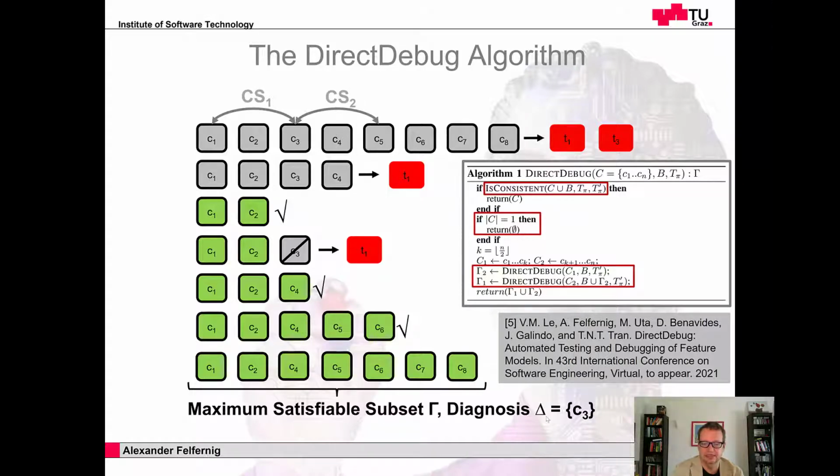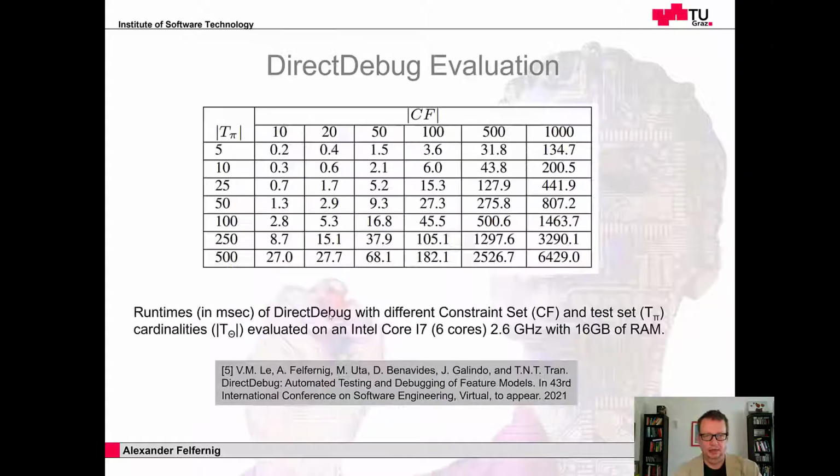The complement of that is a diagnosis, and this is what is relevant for us, because C3 is potentially the source of the problem of these conflicts between the test cases and the feature model, or the CSP derived from the feature model. So DirectDebug is extremely efficient and applicable in real world, in industrial scenarios.